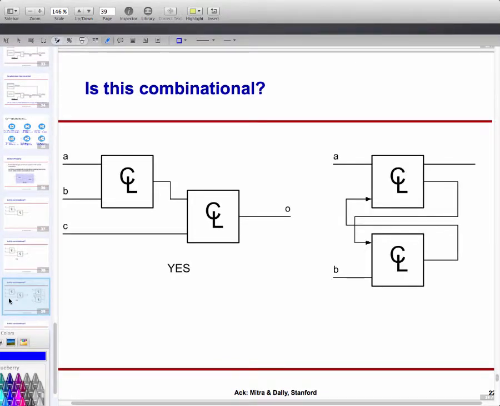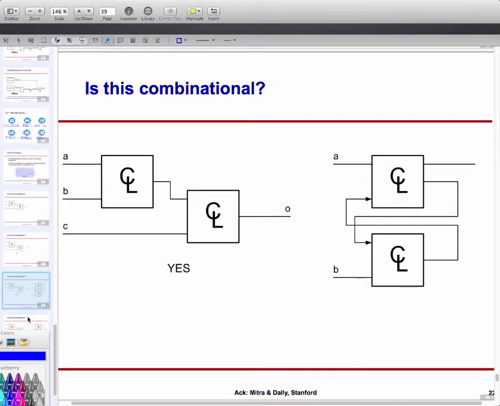If I look at this one, it has loops in it, right? I can start from, for example, let's say this lower input of the top logic. I can go to the output, I can come back to the top input of the bottom logic, and then go to the output and arrive back out here. So there is a loop sitting out there. And as a result, this is, in general, not combinational.